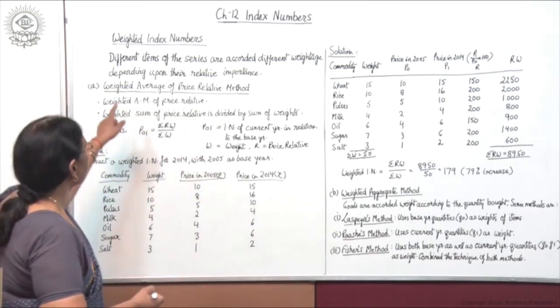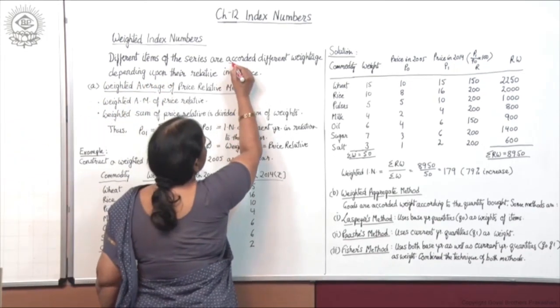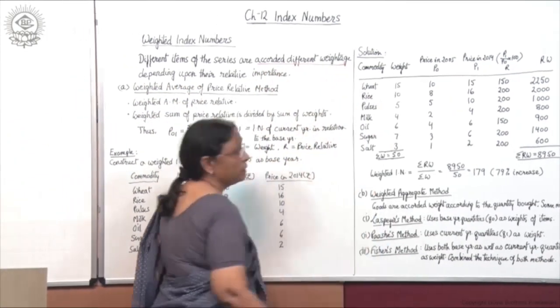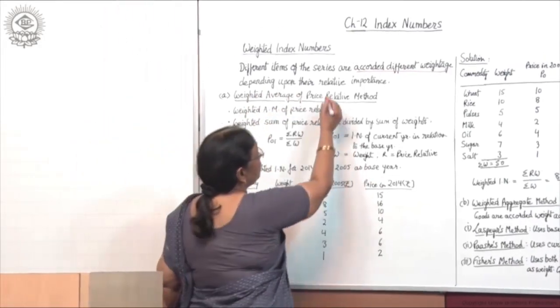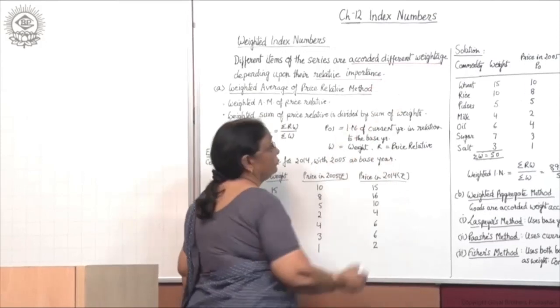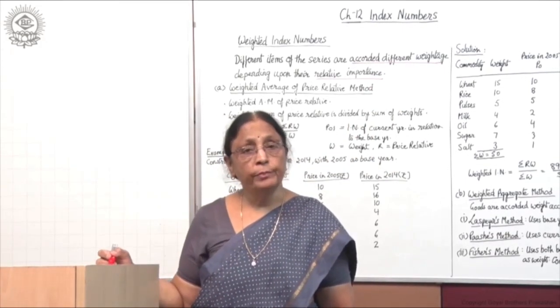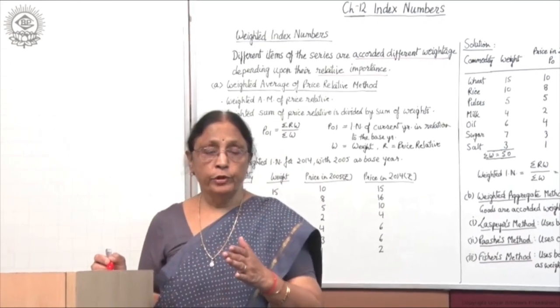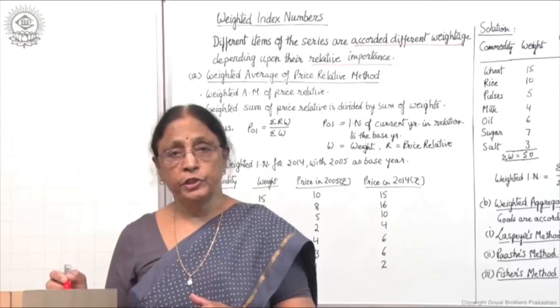So under this, different items of the series are accorded different weights, not the same weights, depending upon their relative importance. That means weights are accorded on the basis of relative importance. Relative means importance in relation to each other.